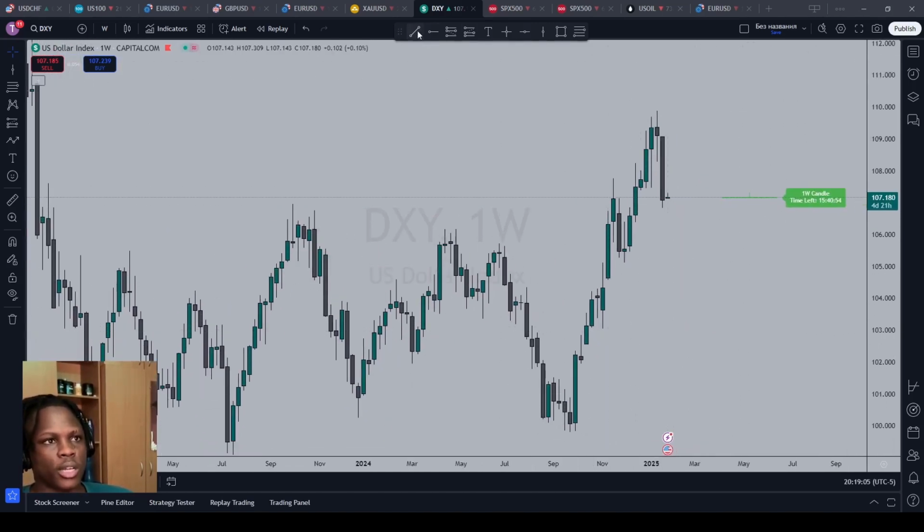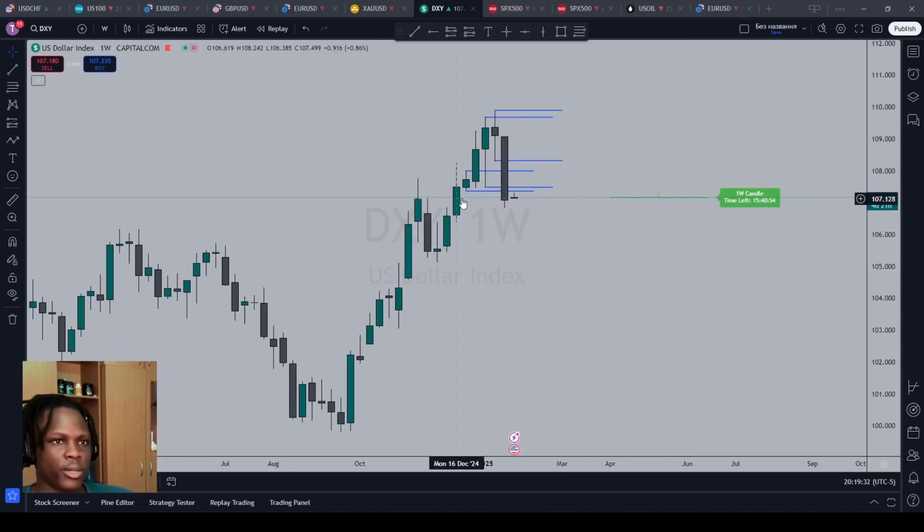What I usually do on a daily time frame is denote the previous week high and low, and another previous week high and low, like for the past 3 days. But in this case it's a weekly chart, so it's for the past 3 weeks.